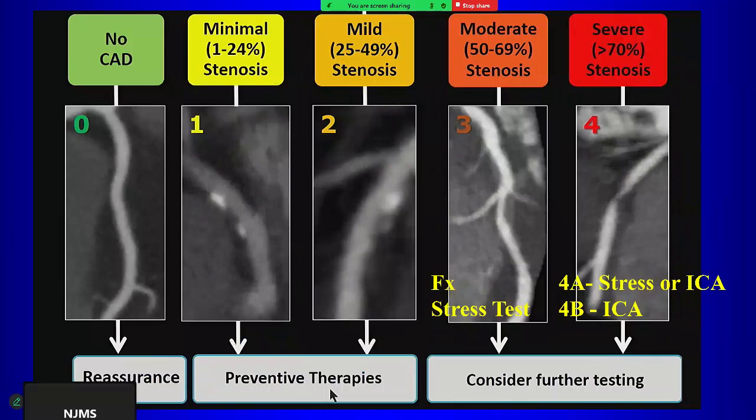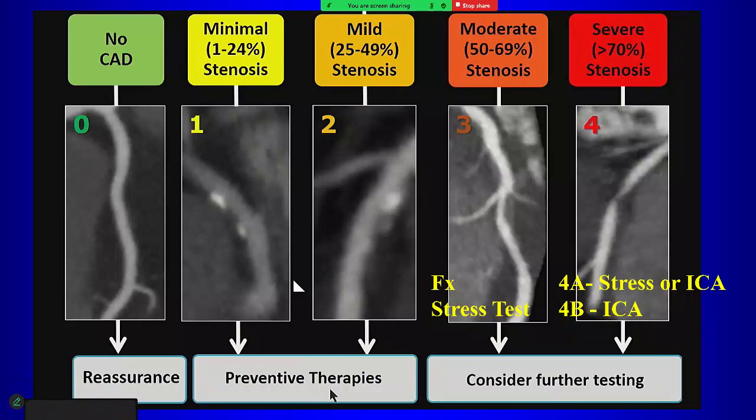Last time we were talking about the CAD-RADS scoring system, and this I do expect you to know, these are fair exam questions. So these are the CAD-RADS scores correlating with the degree of coronary artery stenosis. 0 means absolutely no stenosis, so that patient does not require any further workup. A grade 1 or grade 2, whether it's 1 to 24 or 25 to 49, is considered mild stenosis.